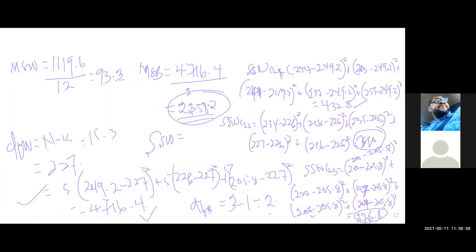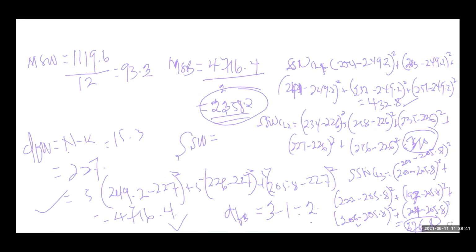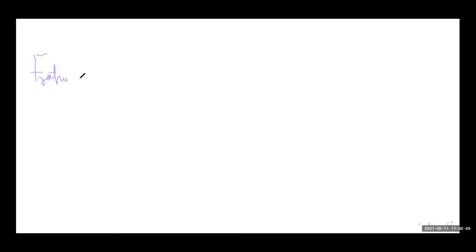Okay, so if we have this, let me go to the next. My F ratio, or F computed, will be equal to MSB over MSW.